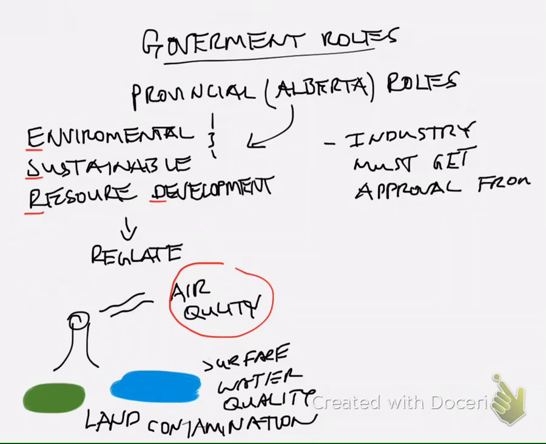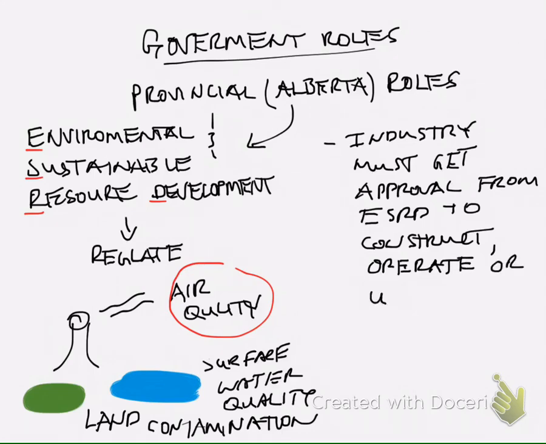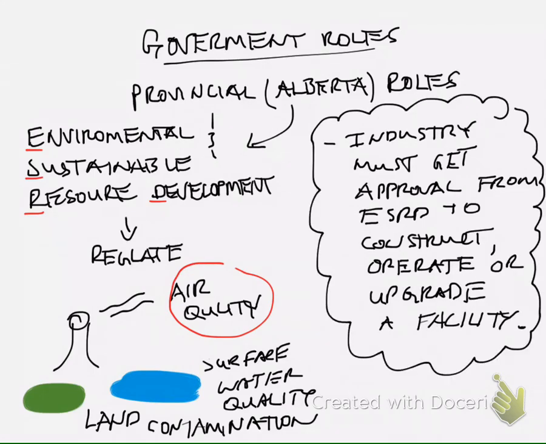For industry to do any of their projects, like a new construction of, say, an oil and gas facility, or an upgrade to a pulp and paper mill, anything that involves an industrial process that's going to produce pollutants, they must get approval from the ESRD to construct, operate, or upgrade those facilities.